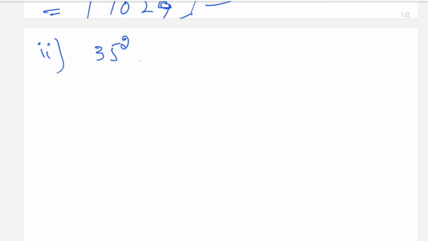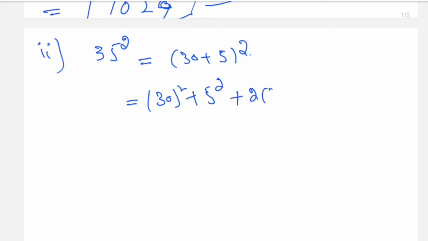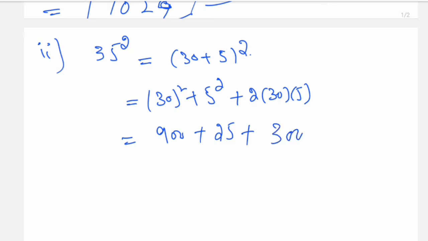So 35 square is the same as (30 plus 5) square. It will be equal to 30 square plus 5 square plus 2 into 30 into 5. So 900 plus 25 plus, when we multiply this one, 3 3s are 6, that means it is 60, then 300.